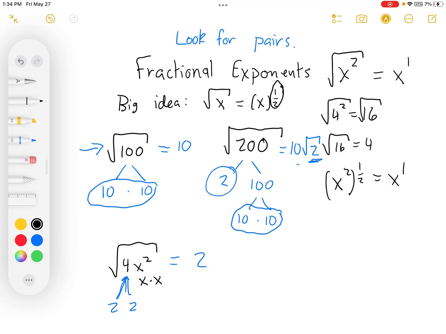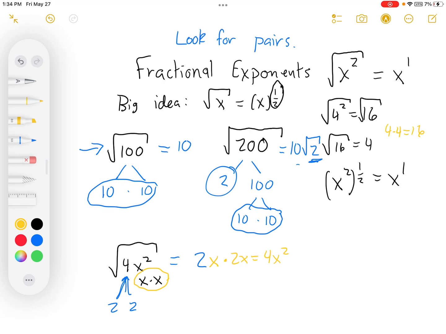Notice, do we have a pair here? We do. We have a matched pair, meaning we can take that and write that outside of our radical. Now, similarly to how 4 times 4 is equal to 16, 2x times 2x would indeed give us 4x squared. So that kind of illustrates our point about this being the opposite thing.